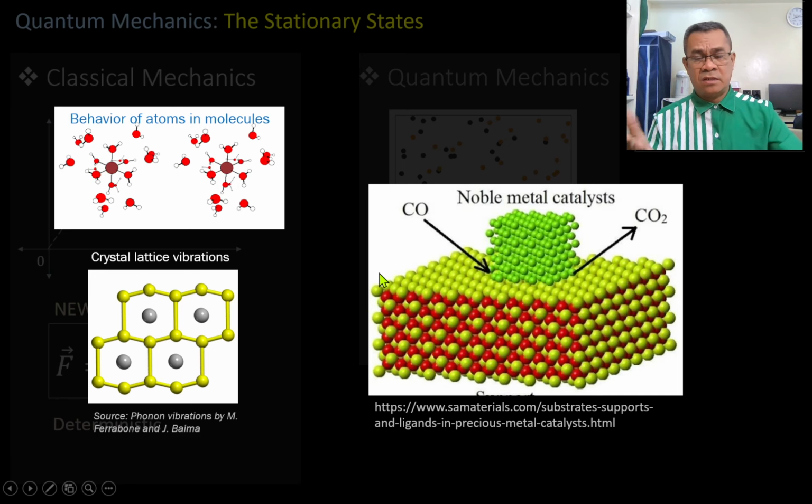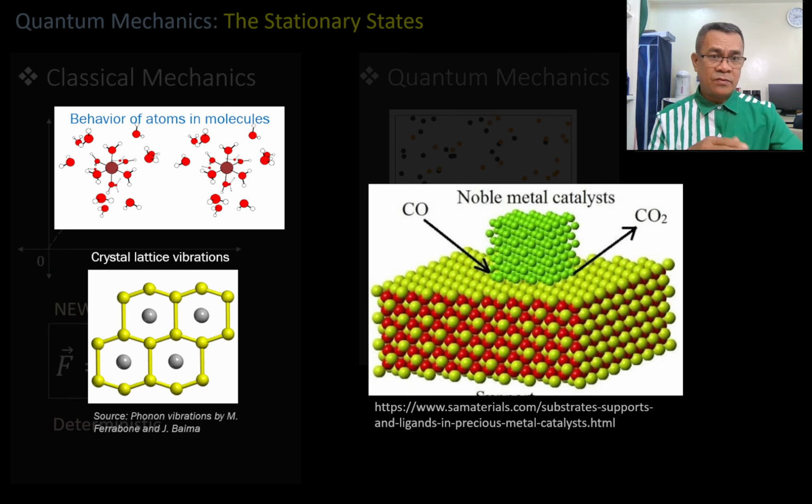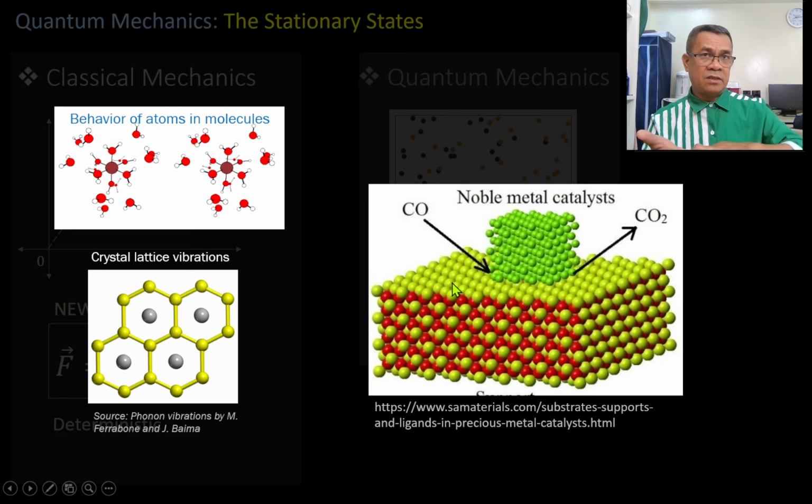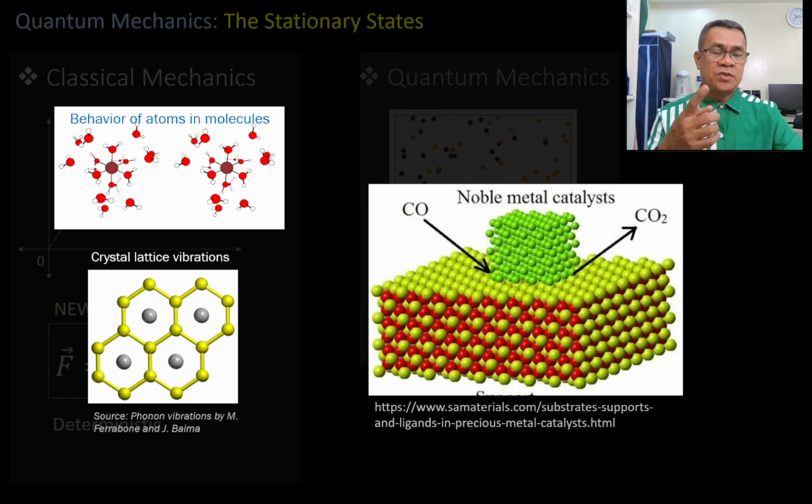And also in material science, we need to study the surface of the catalytic material. With that surface, we need to know how much is the ability to absorb outside molecules, meaning if it can interact.